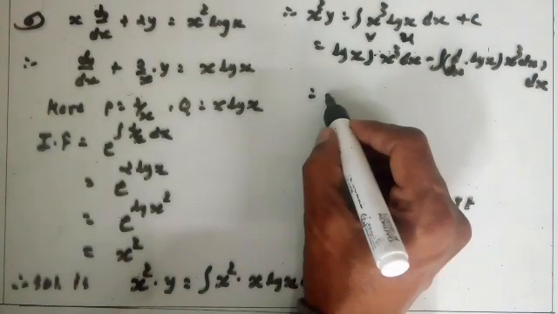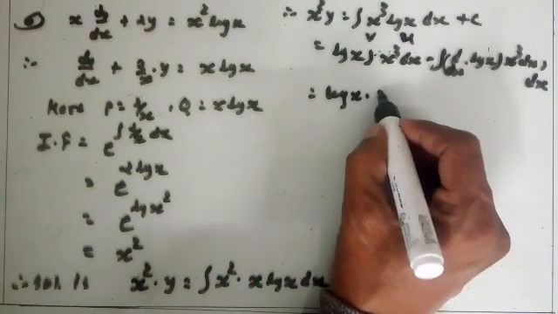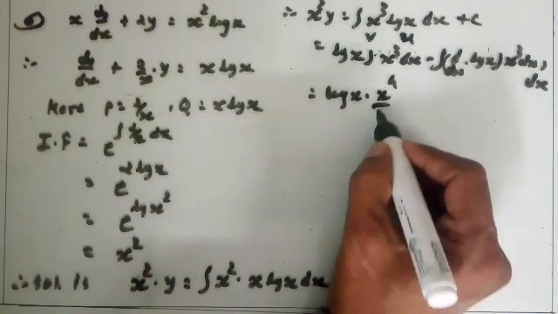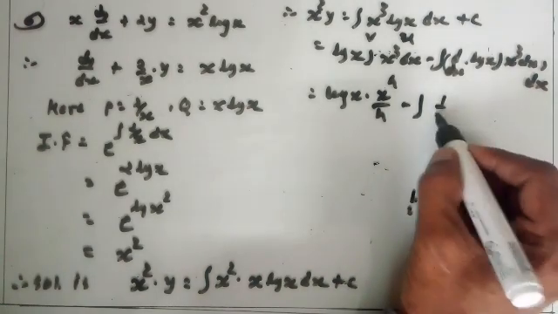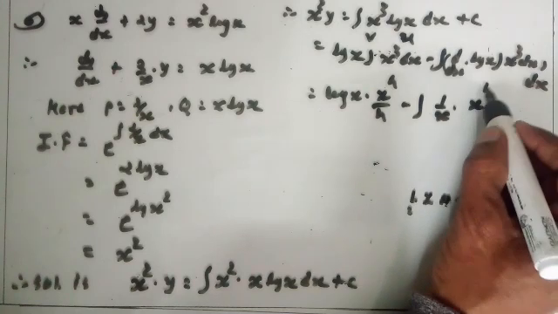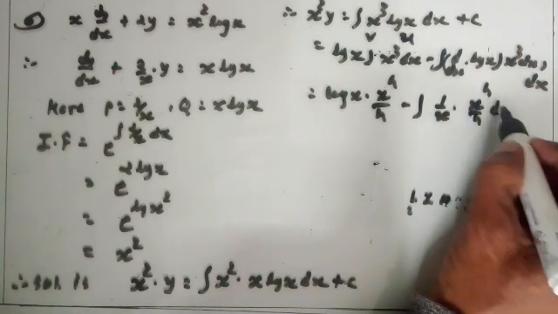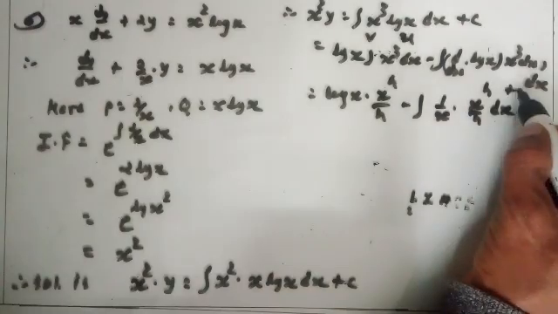So is equal to log x into the integration of this, which is x raised to 4 upon 4, minus the integration of the derivative of this, which is 1 upon x, into the integration of this, which is x raised to 4 upon 4, dx. Clear? Plus c.